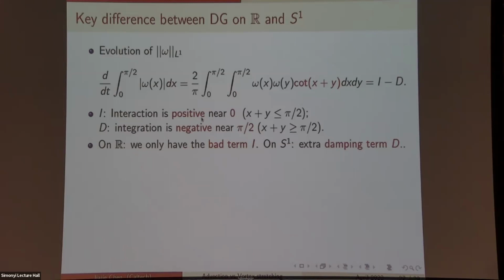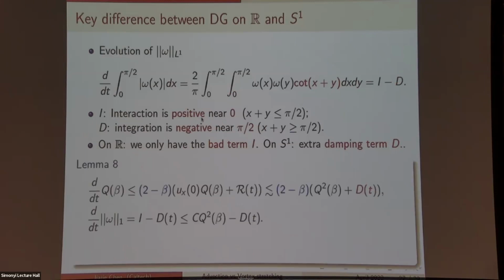But now the special thing on the circle is that we obtain this negative term, this damping term. I call it this magic damping term because this term is somehow hidden in this evolution. And you can only see this term by comparing the case on the real line and on the circle. Now, since this damping term is supported near power 2, we can use this damping term to control the interaction in this forcing term away from 0 and use our NHQ to control interaction near 0.